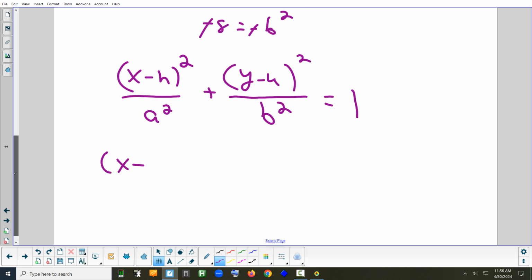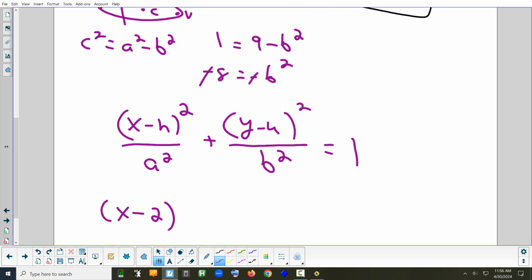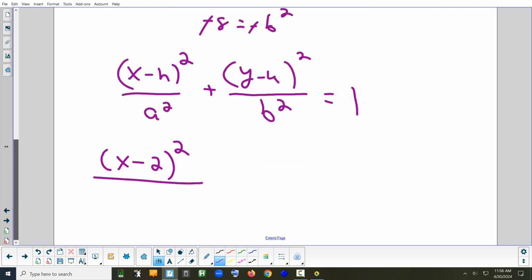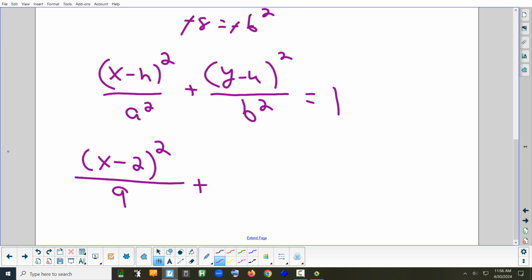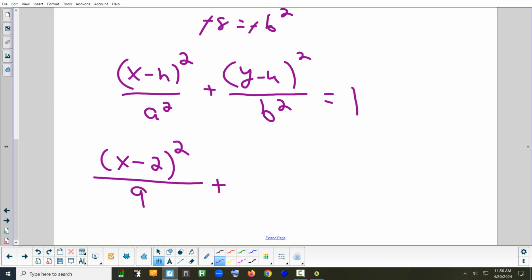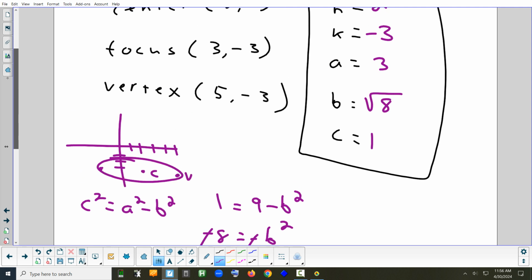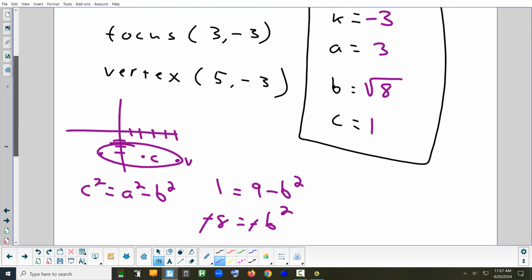So we're going to have x minus 2 squared. What's going to be in the denominator? 9. We don't have to worry about anything else because it's a perfect number there. What's going to be in the numerator for my next one? Y plus 3. We got to be careful because k is a negative, so it's going to be y minus minus 3.